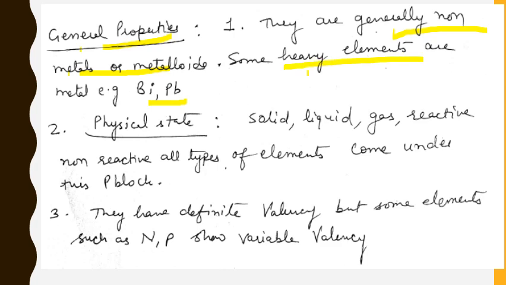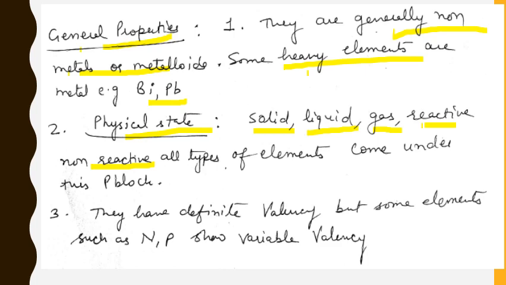So in this category we have non-metals, metalloids and heavy metals. If we go for the physical state, they exist as solid, liquid and gas, reactive and non-reactive; all types of elements come under this P block.